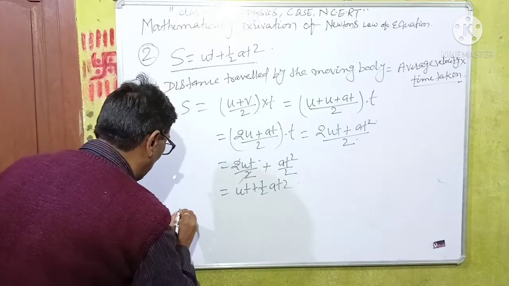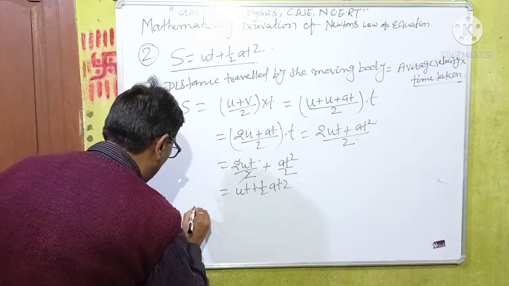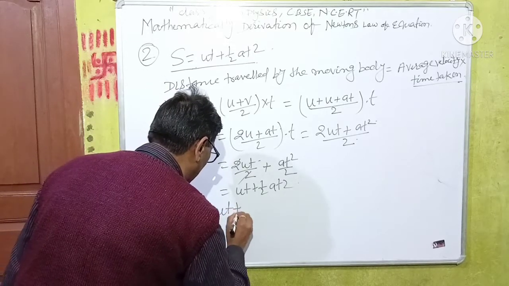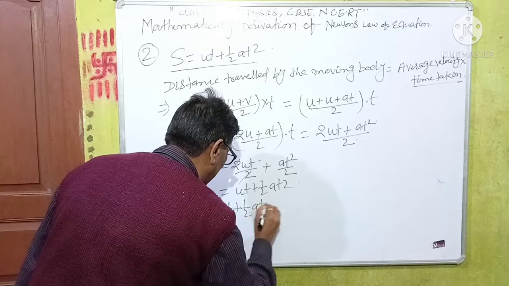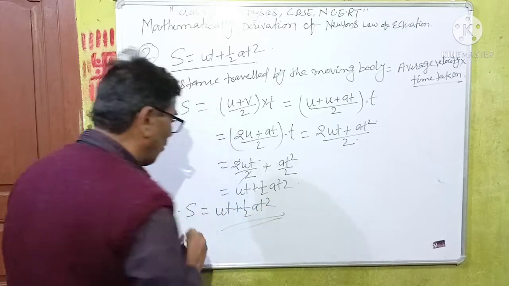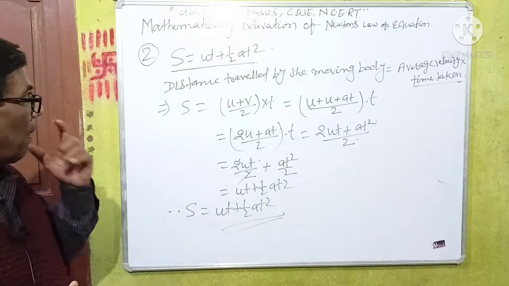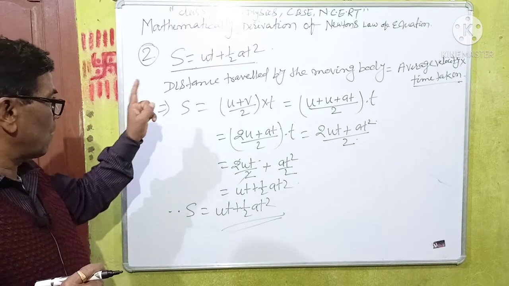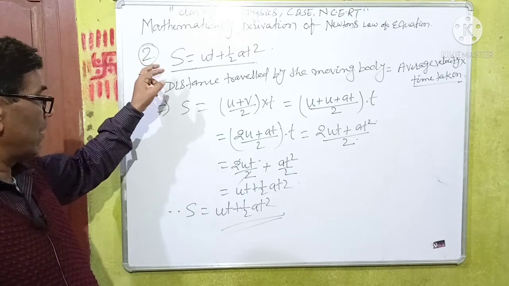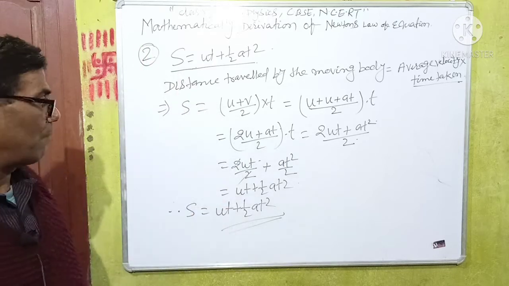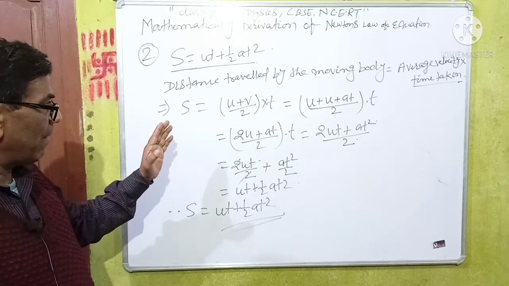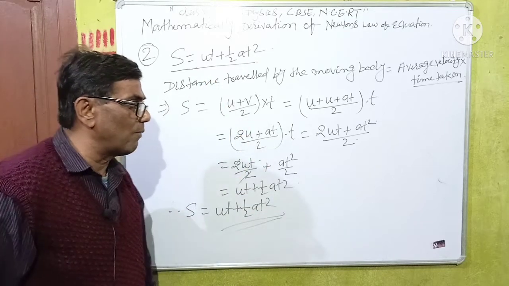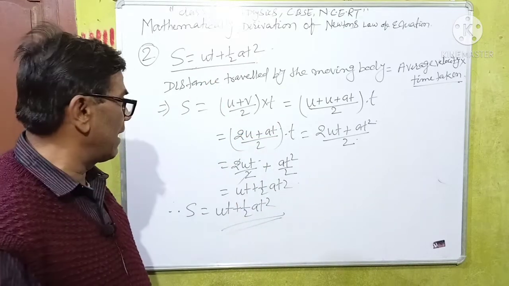Therefore s = ut + ½at². This is also a mathematical derivation of Newton's second equation of motion. We derived it from the distance traveled by the moving body being equal to the average velocity into time taken.